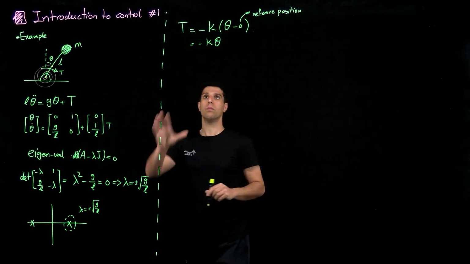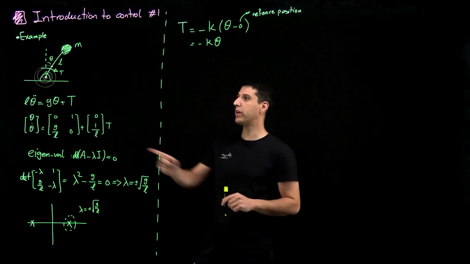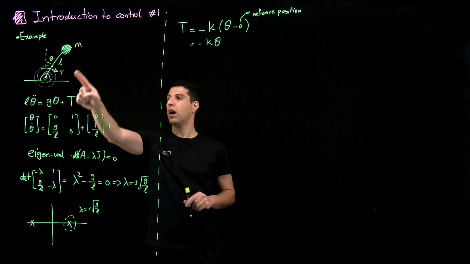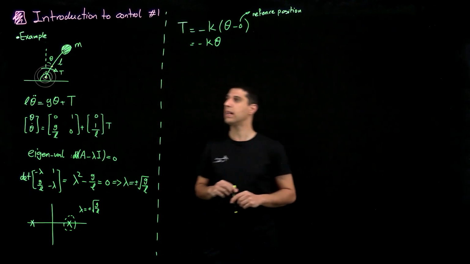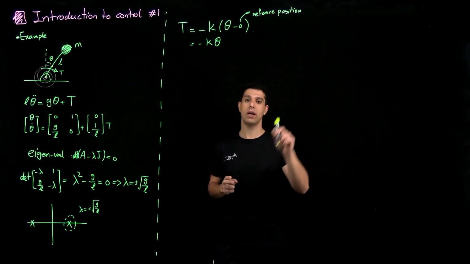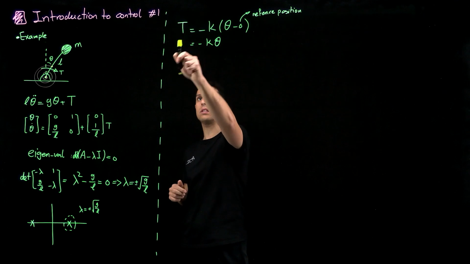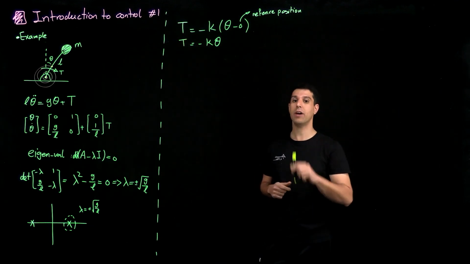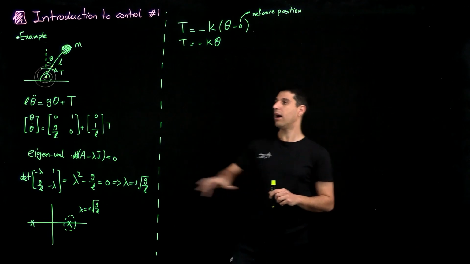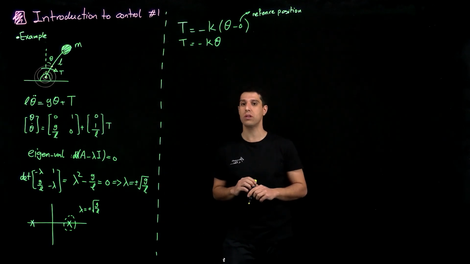And by doing that, I have essentially created a closed loop system. I need a sensor that measures the angle of the pendulum, and that goes to the controller. The controller decides that it requires this amount of torque, and if I apply it to the system, I have essentially created this virtual spring using feedback control.